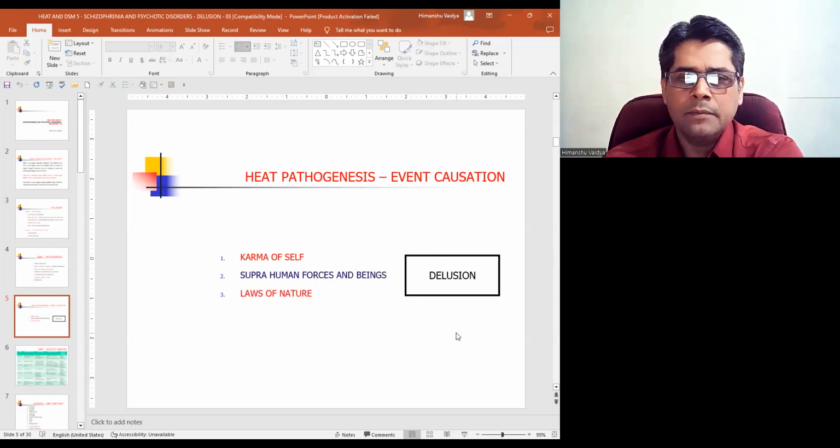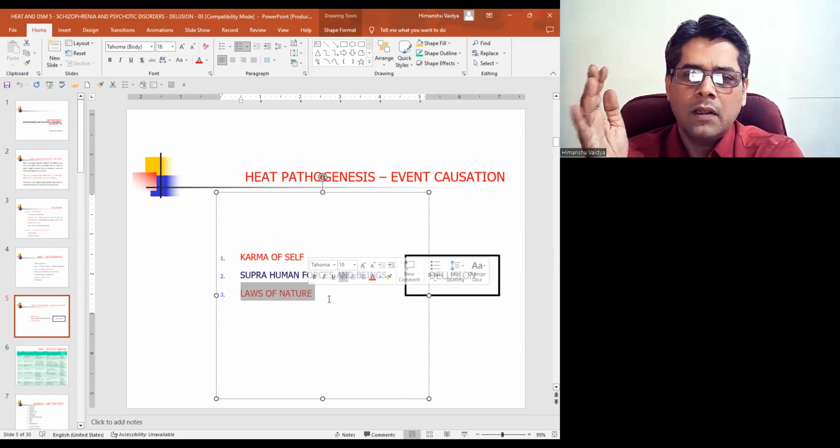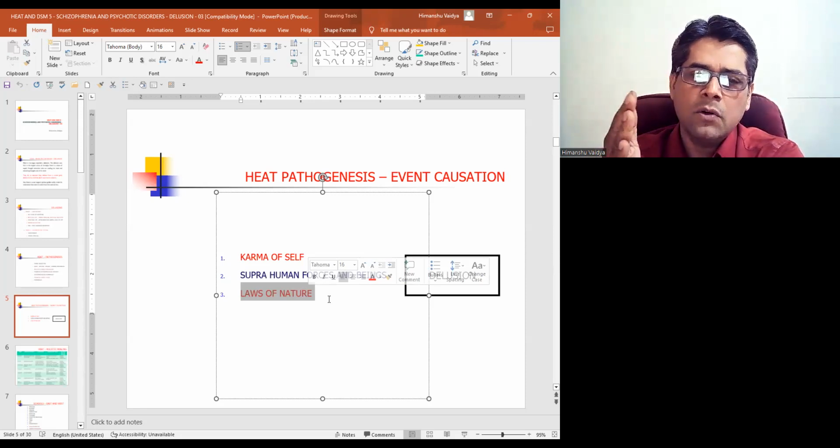So we will find that, let us say, there was an early life object loss, very, very early life object loss. And once that event happened, then the laws of nature take over. Because there is an object loss, there is no internalization of the good object, there is no internalization of a stable, soothing object.